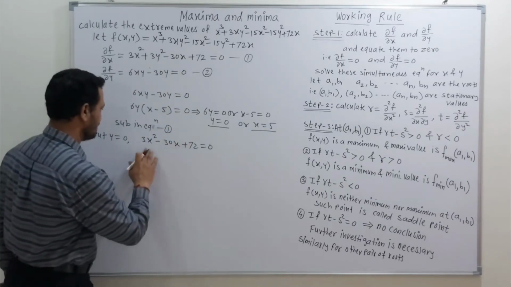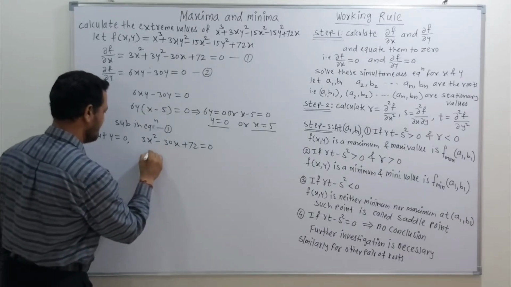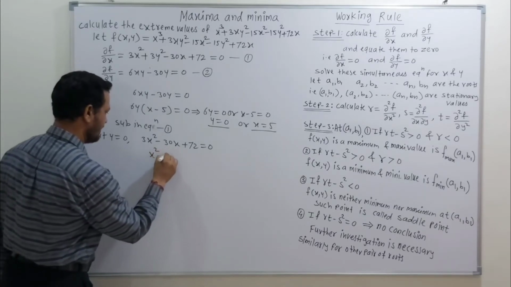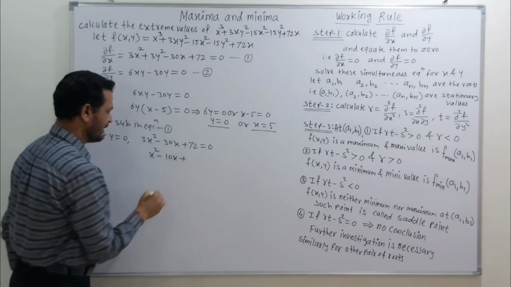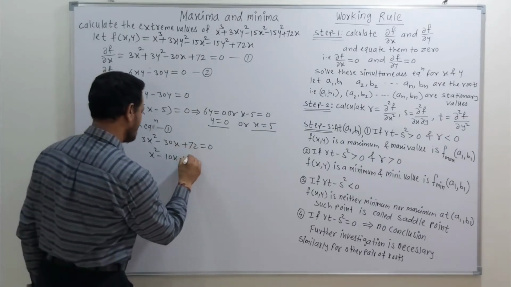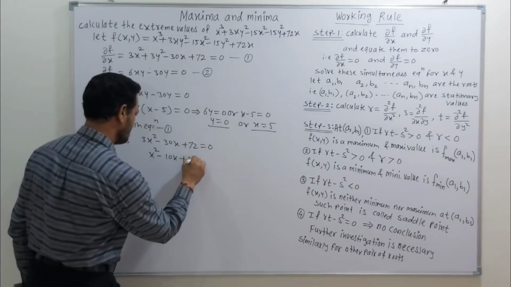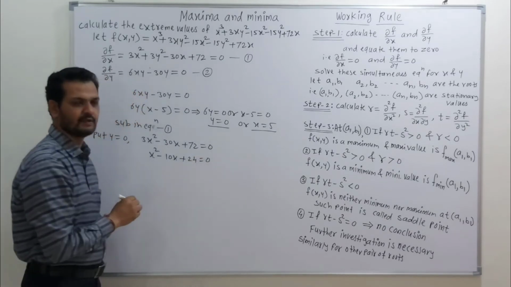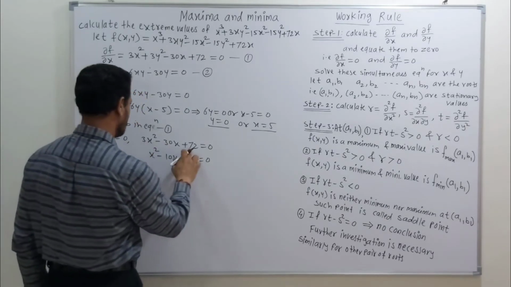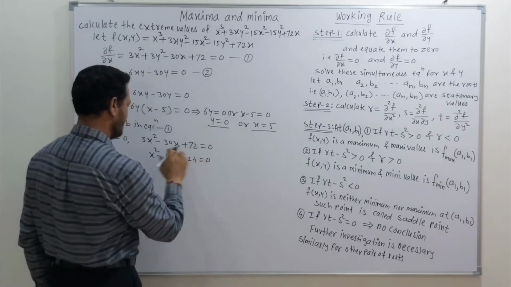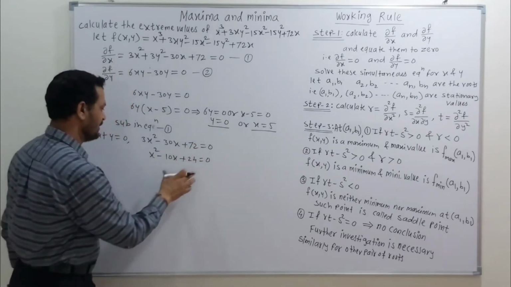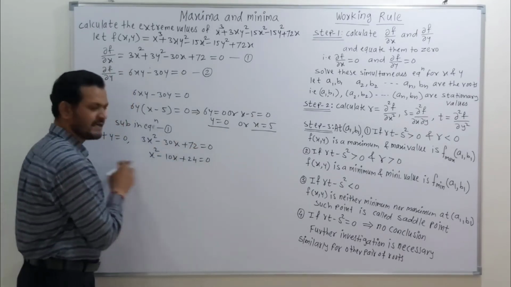Now if we try to solve this equation and divide by 3, we get x square minus 10x plus 24 is equal to 0, right? So 3 2s are 6 and 3 4s are 12. So this is the equation. Now friends, this is a quadratic equation.